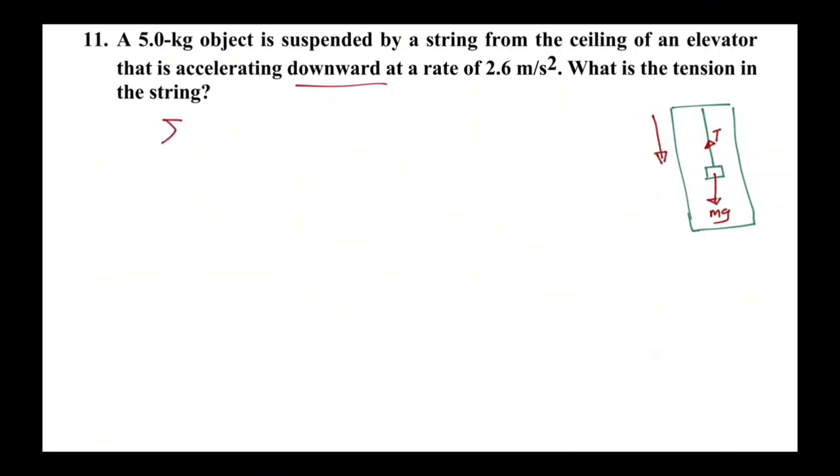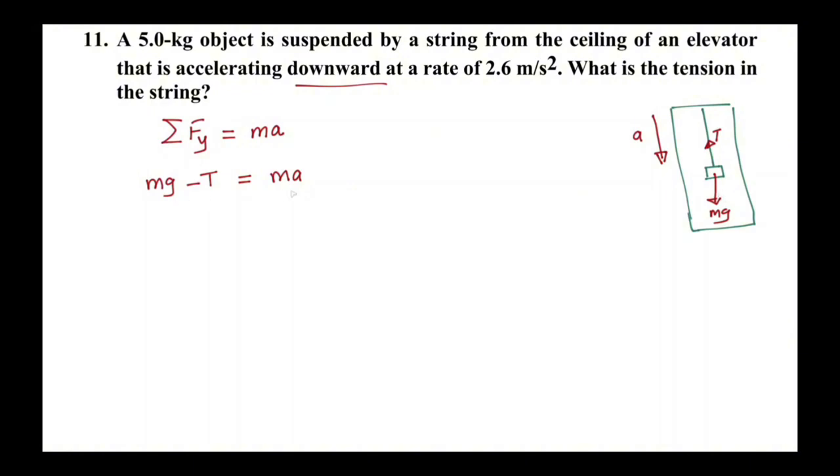So sum of all forces on y equal to ma, and in this case mg minus tension equal to ma. Remember, the one with the acceleration, you start with it.